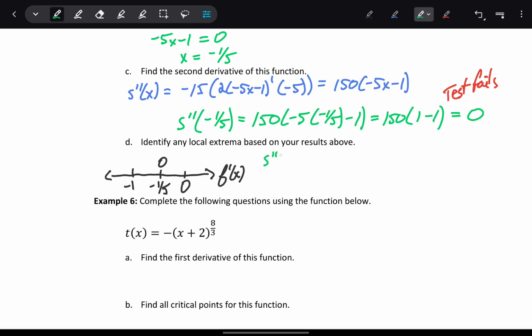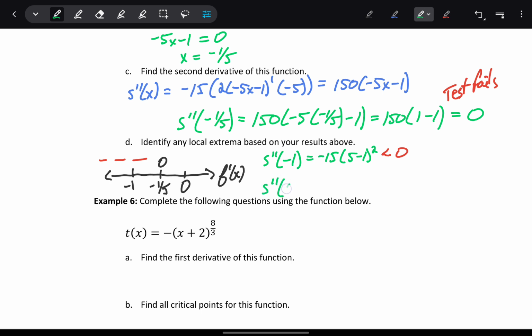We'll look at the first derivative of negative 1. Plugging that in will give us negative 15 times 5 minus 1 squared. That result will end up being less than 0. So everywhere in this interval, for all values of x less than negative 1/5, the derivative function will be negative.